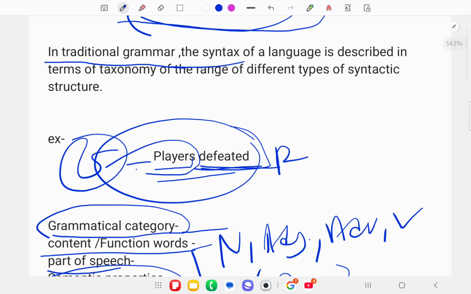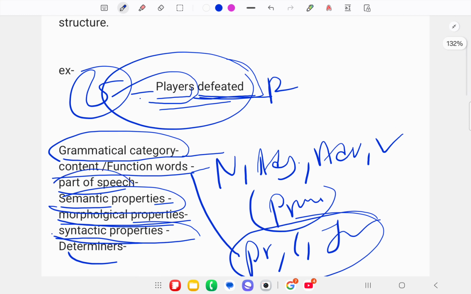Next, when I talk about parts of speech, like content words, take noun. In noun we also study count noun, mass noun, proper noun, common noun, and the singular and plural forms of the noun. There are so many properties of the noun.